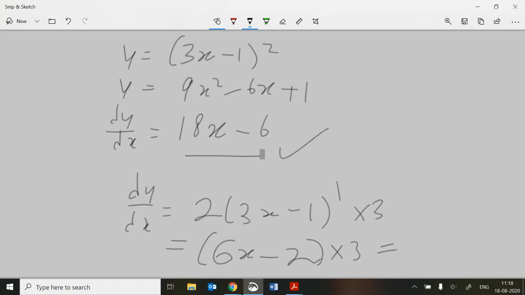Okay, so before we prove the chain rule, let's actually use it and see how it's working. y is equal to (3x - 1) squared. How would we use this? Well, we'd say u is equal to 3x minus 1.